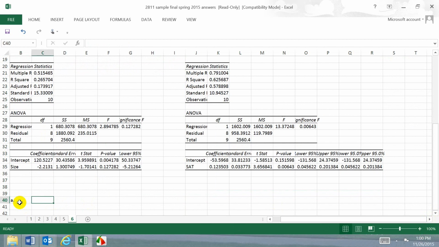To see which one is better, we're going to look at which one is statistically significant overall.